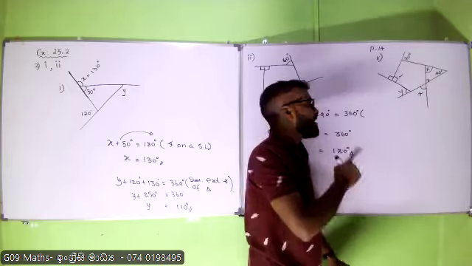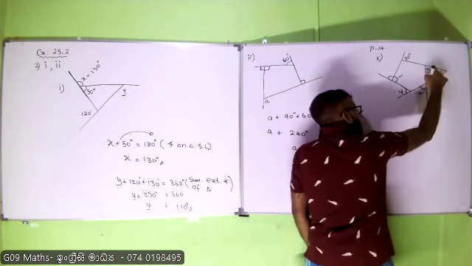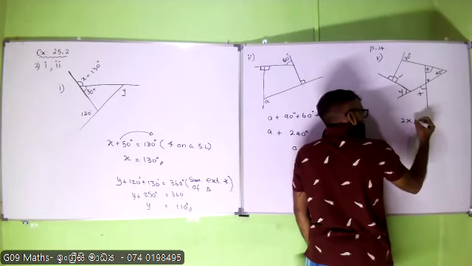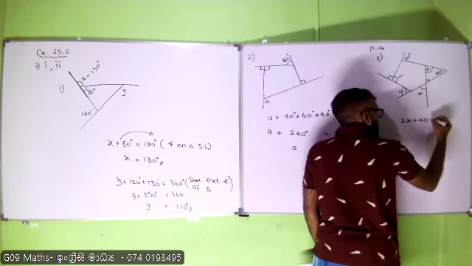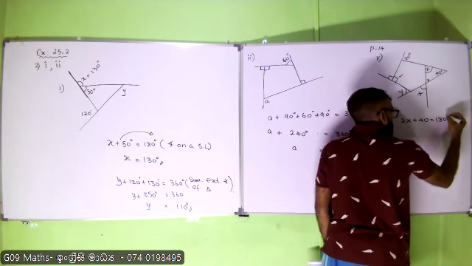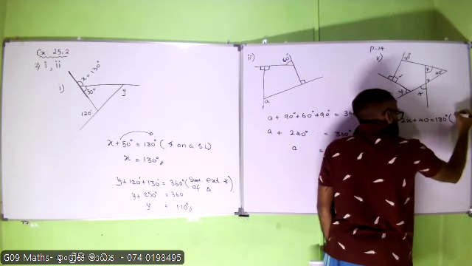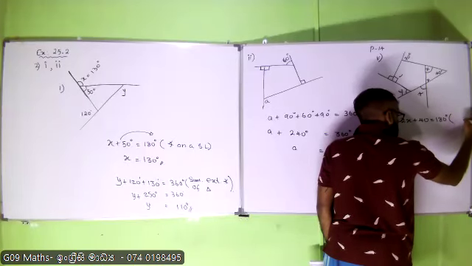So x plus x, 2x, plus 40 equals 180. You have to write down the reason: summation of the interior angles of a triangle.